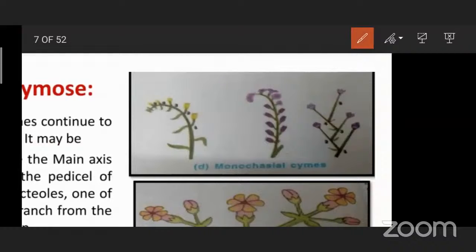See here in this picture, this is monochasial cyme, where the main axis terminates into a flower, the pedicel of which possesses two bracteoles, one of which develops one branch from the bud on its axil, and so on. This is monochasial cyme. Mono means single. Okay. Example, Solanum.